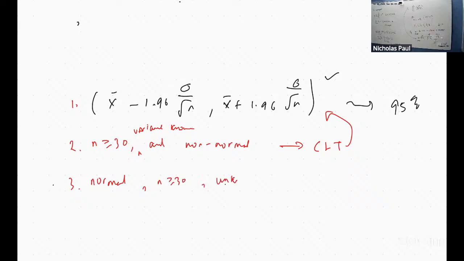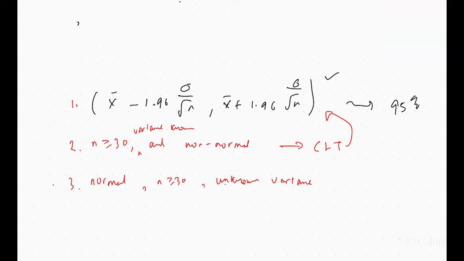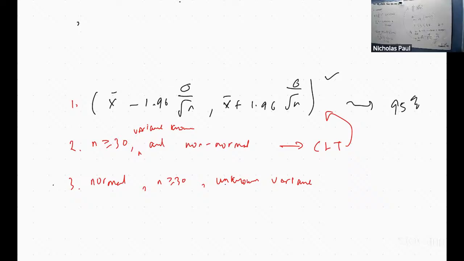Let's pick on Darian. Darian, what will you do in the third case? No, that is different, non-normal. Suppose it's normal and bigger than 30, but you don't know the variance. What do you do?